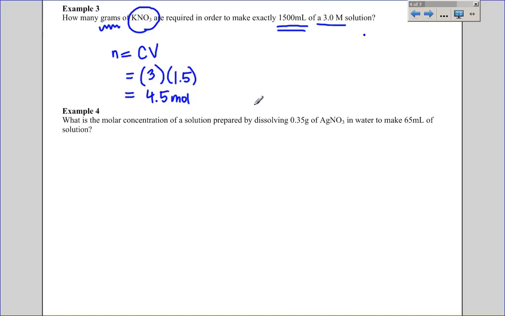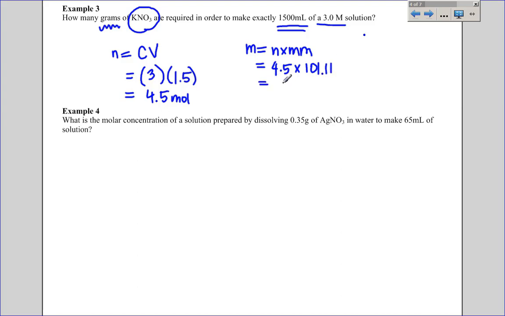So I know how many moles are required to make the solution, but in order to actually prepare it in the lab, I've got to determine how many grams that is. So I need to use my second very important formula. Moles is equal to mass over molar mass. I rearrange it, so my mass is my moles, which are 4.5, times the molar mass of potassium nitrate, which is 101.11.